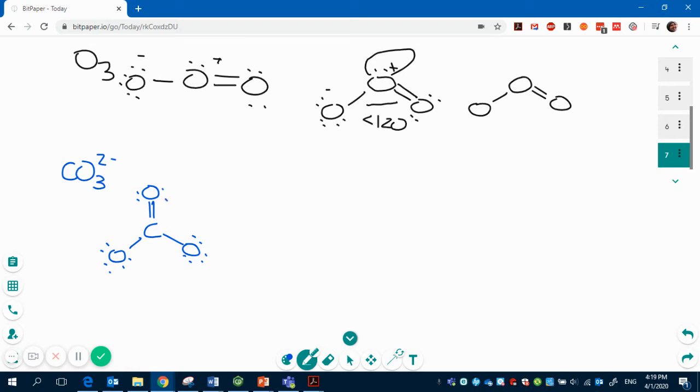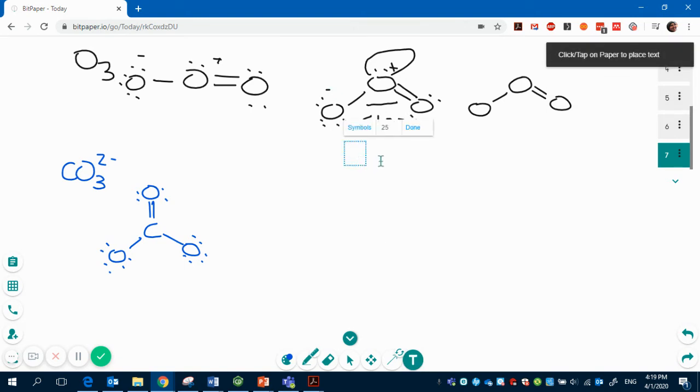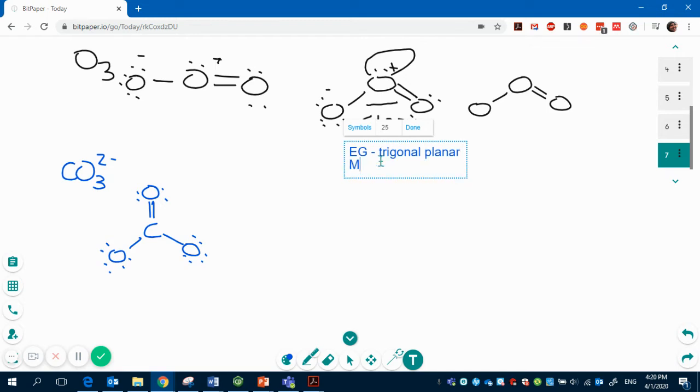There are no lone pairs on the carbon. I forgot, if we go back to ozone, the electron geometry is trigonal planar, and the molecular geometry is bent.